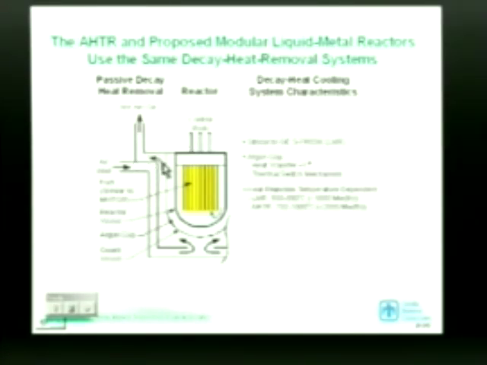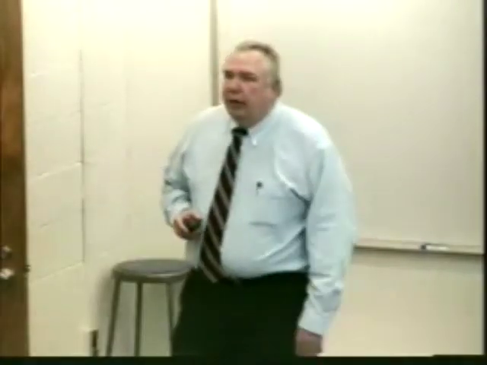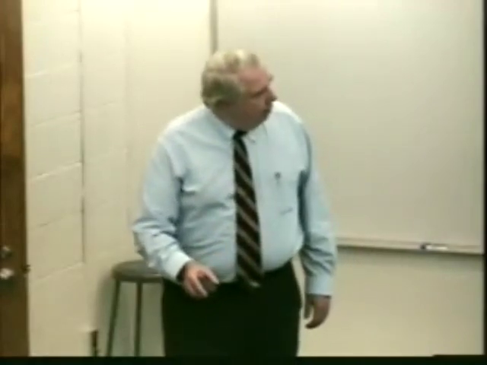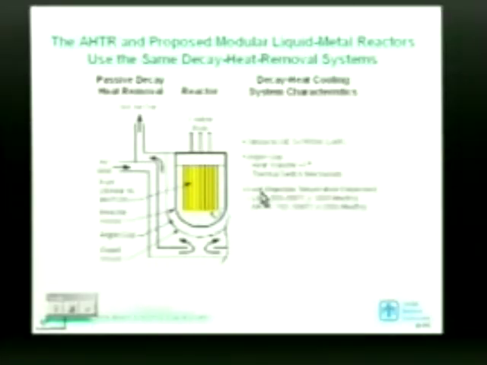And the reason why is that as they go to higher power levels, there's simply not enough surface area in this vessel to transfer the heat in an emergency across to the air-cooled system. So the limit to this air-cooling system in a liquid metal fast reactor or some other type of reactor in the same temperature range is about 1,000 megawatts.